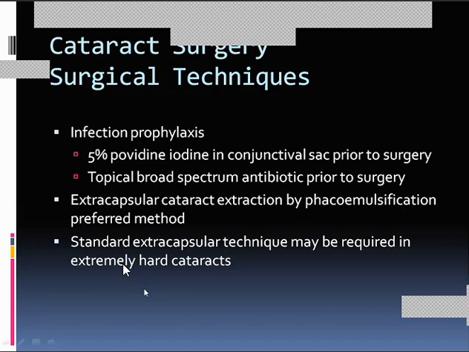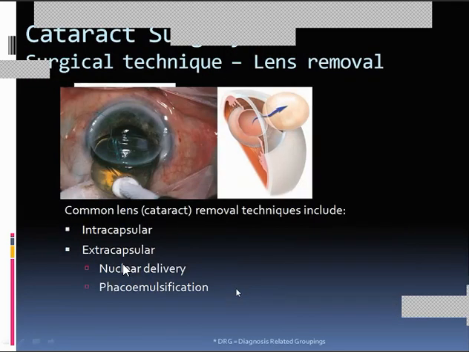Phacoemulsification is the preferred method. And the standard extracapsular technique may be required in extremely hard cataracts. Even though the patient wants phacoemulsification, for the safety of the operation we have to do SICS in the case of the hard cataract.